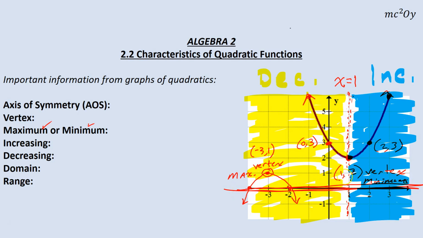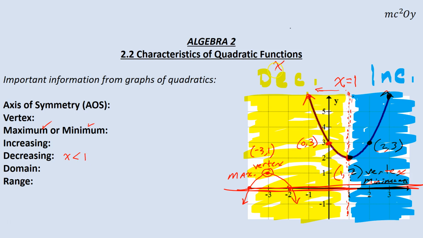Okay, and so based on the x-axis, we're decreasing over here, on this side, the yellow portion here. So we're decreasing when x is smaller than 1. So notice the axis of symmetry is at x equals 1. So we're decreasing to the left of that, on the left-hand side of that, so when x is less than 1.